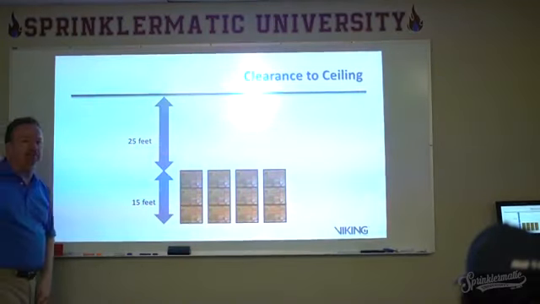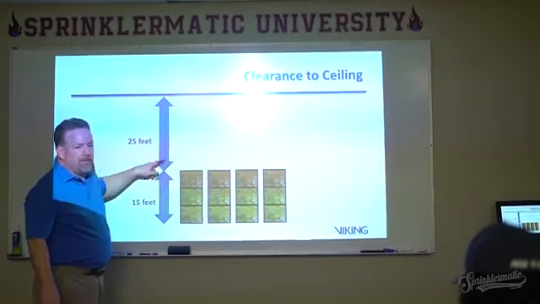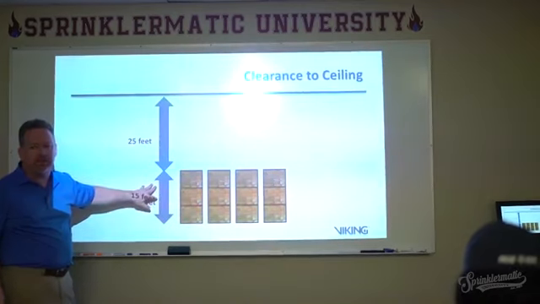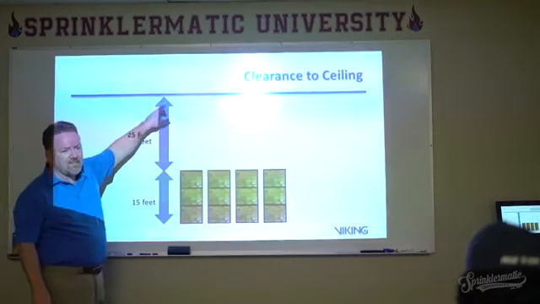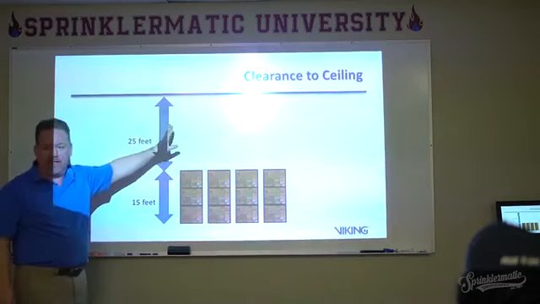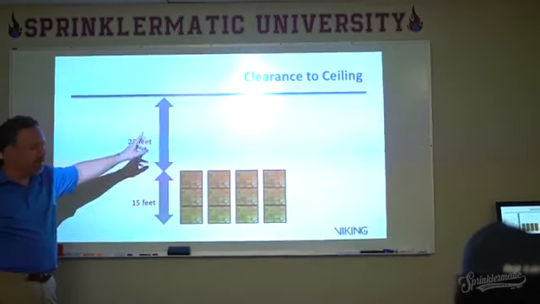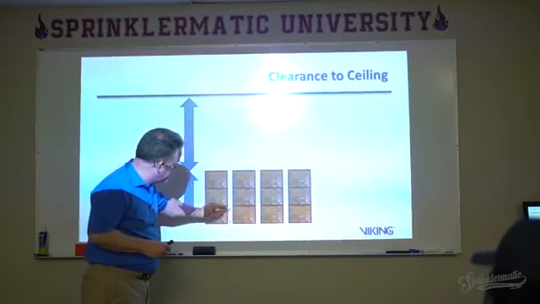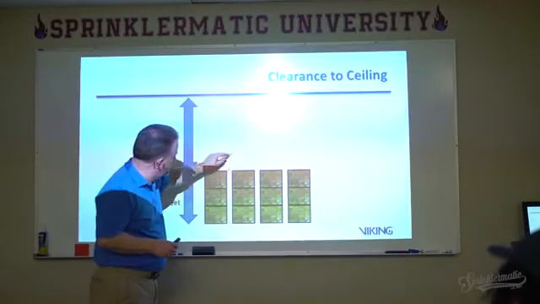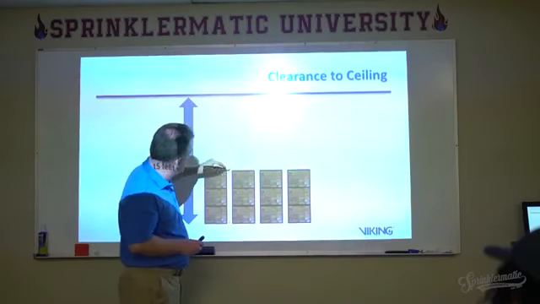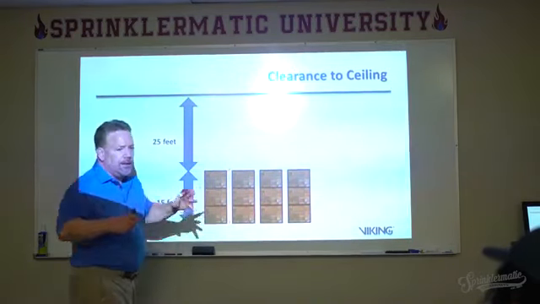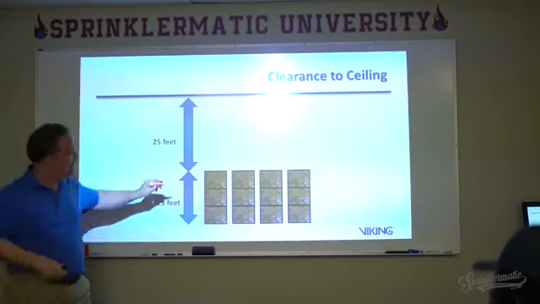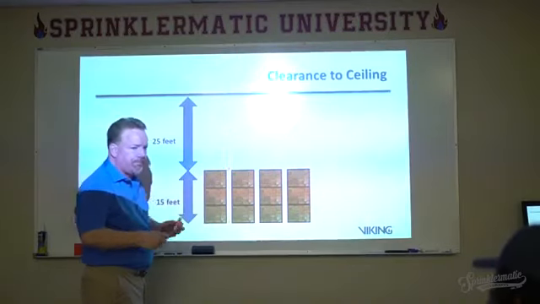What we found was that just because we have a smaller, lower fuel package down here, that still can create a fairly big challenge for my sprinkler system up above. Here's why. I get a fire that starts down here, and it comes up, and its heat plume starts to grow, and with it, velocity. There's a lot of velocity going up.